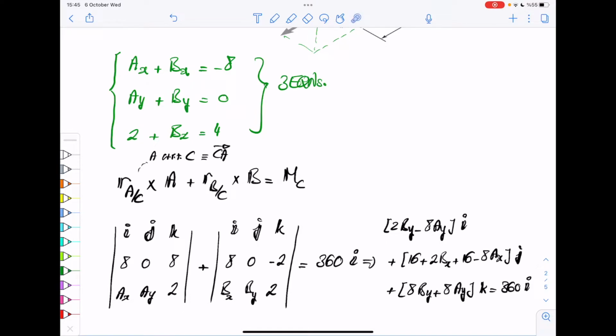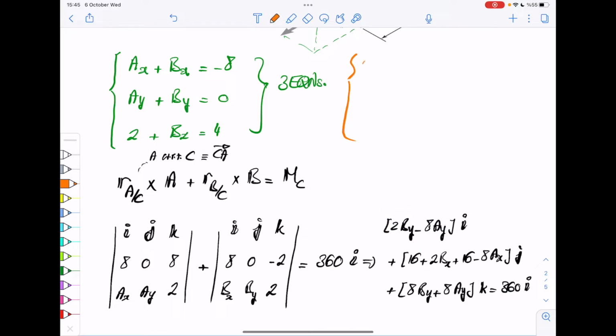So basically this gives you also 3 equations. So you would have additionally these 3 equations. The first equation is that this is 360.